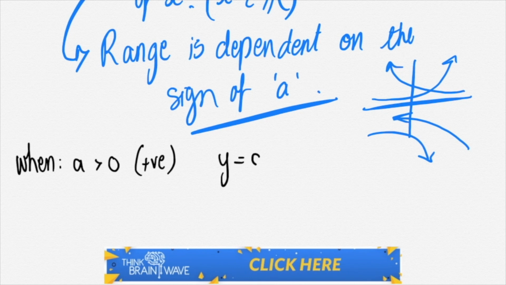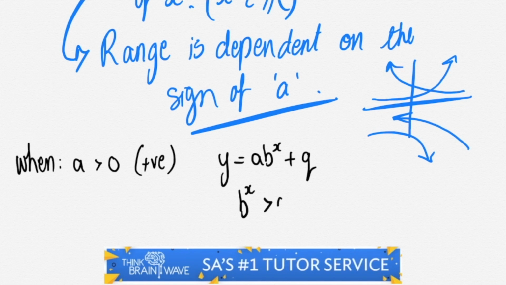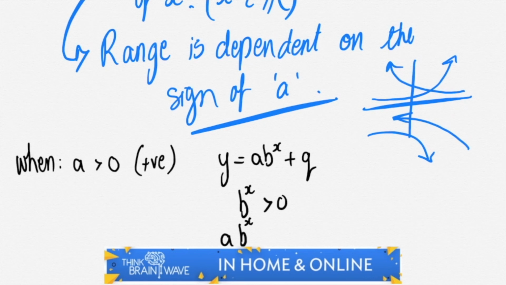We say that y is equal to a times b to the power of x plus q. This is a very important rule. So we say b to the power of x is positive. When you say a times b to the x is greater than 0, that's good. That means it's also positive. These are all the criteria that you need to work through before you plot.